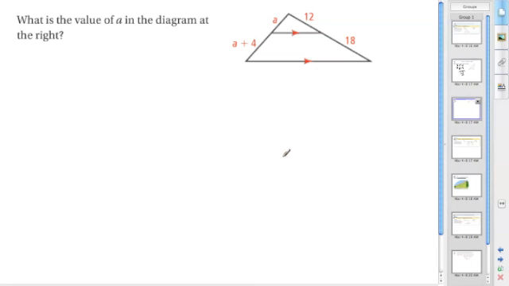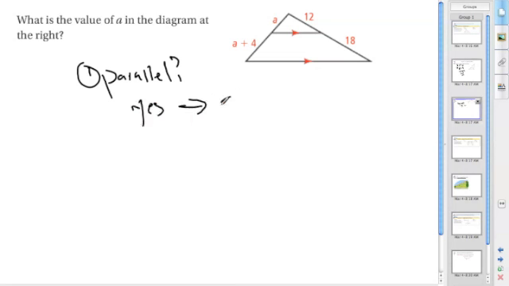So what's the value of A? Same thing, same concept. You have parallel lines, so that's all you want to check. Do you have parallel? Yes, we do. Therefore, we're going to use the side splitter, what I like to call rule, theorem, which says A over A plus 4, 12 over 18.